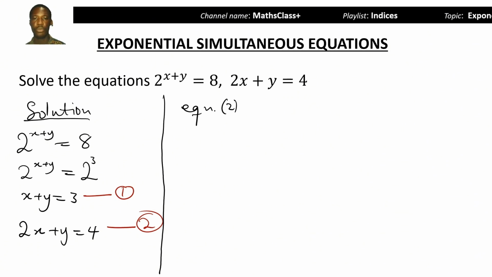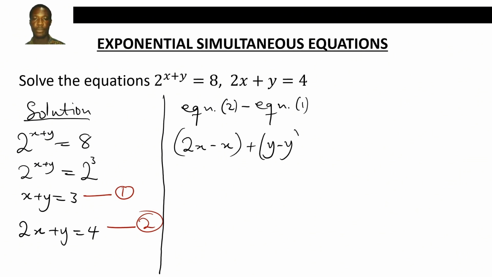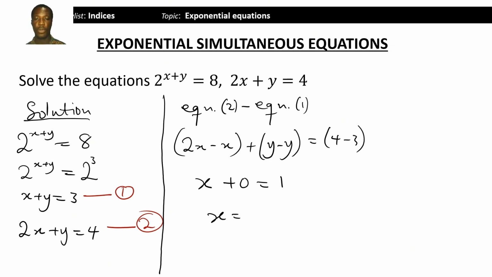So equation 2 minus equation 1, that I'll have 2x minus x plus y minus y is equal to 4 minus 3. So I'll have x plus 0 is equal to 1. So x is equal to 1.